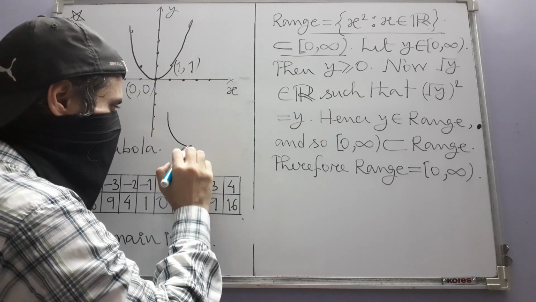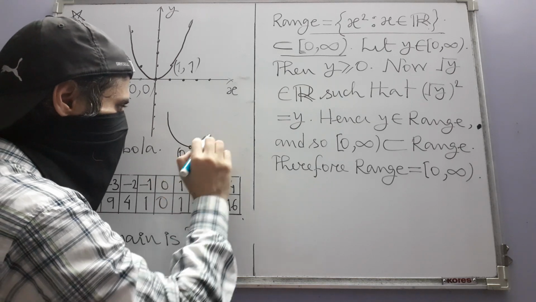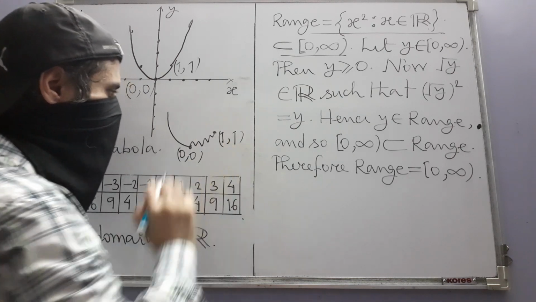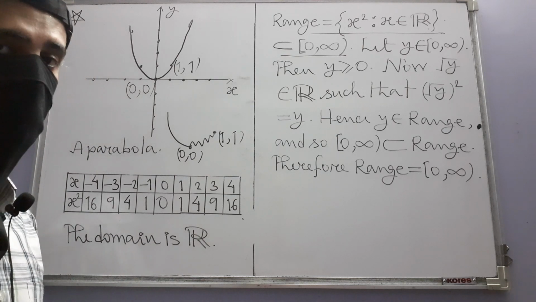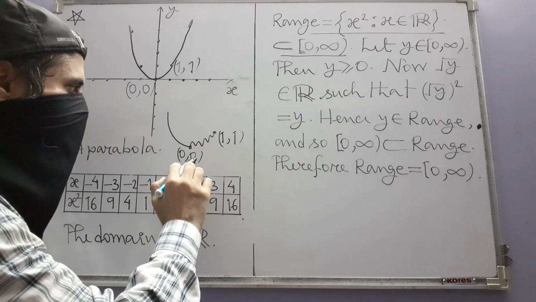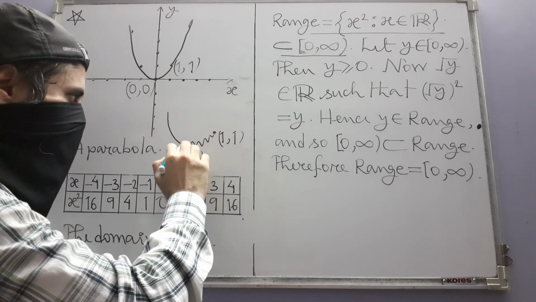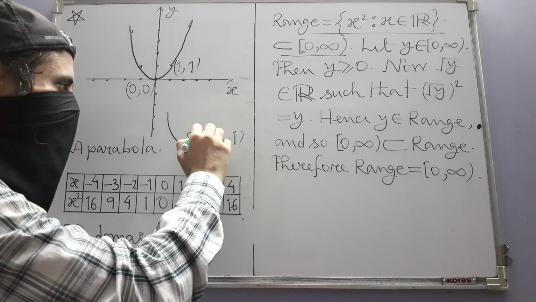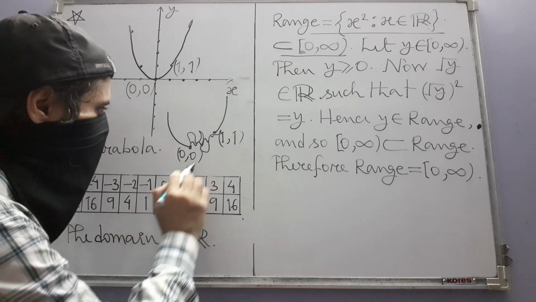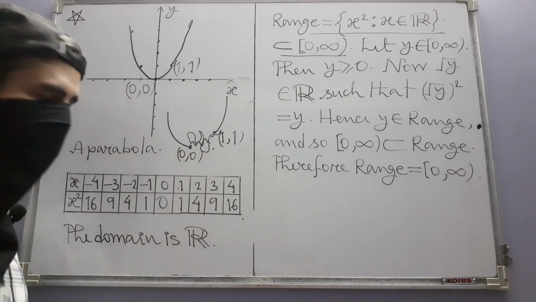Say it comes here and this is 0, 0, this is 1, 1. It's not like this. Someone may ask, what is the guarantee that the graph is like this and not something like this, and then maybe it goes like that? Because we do not have these values in between 0 and 1.